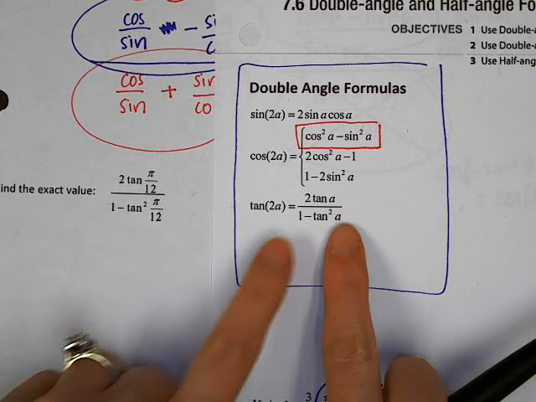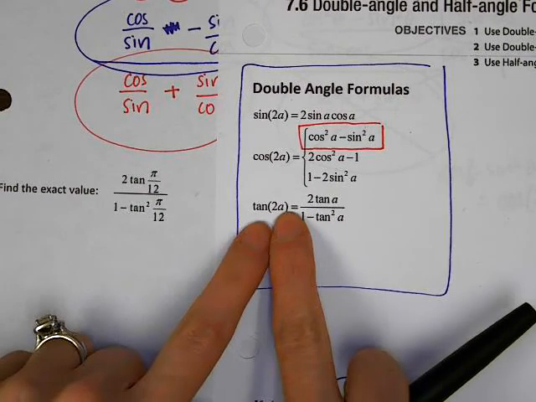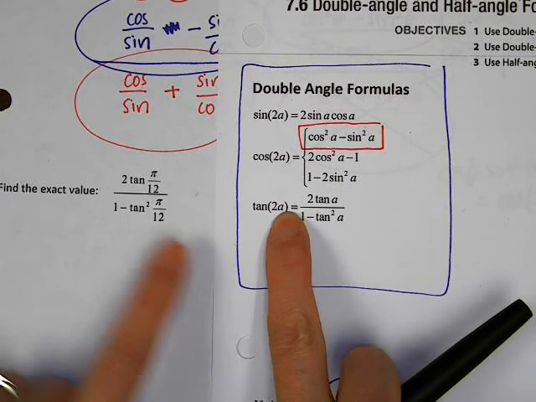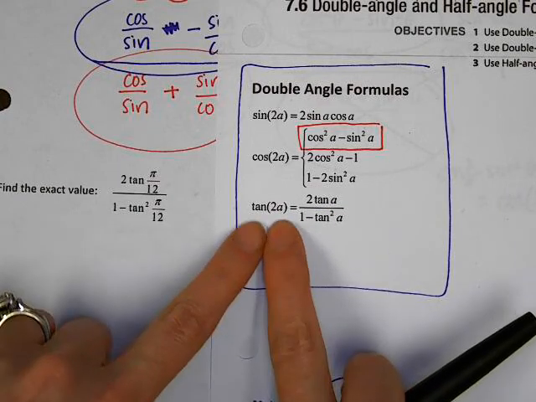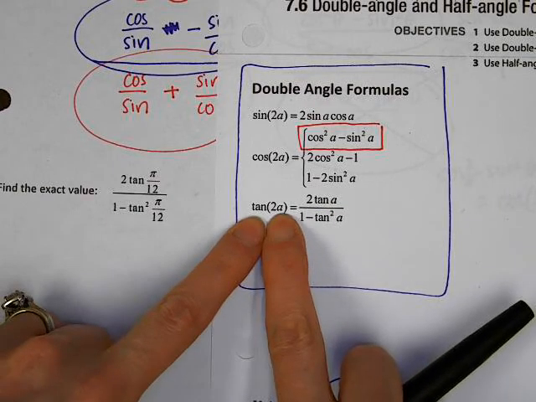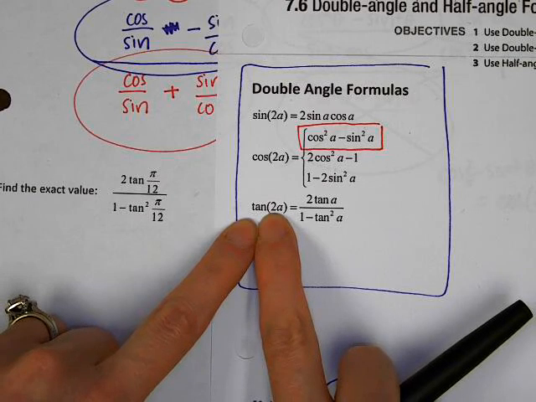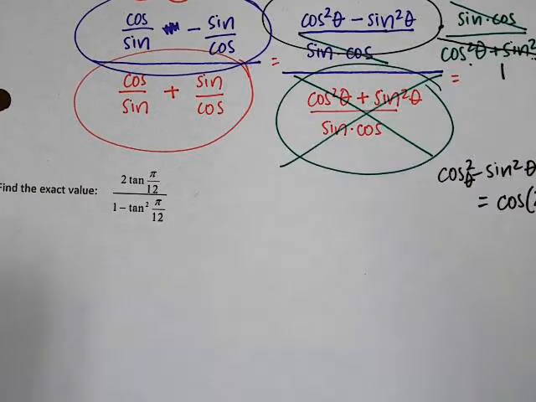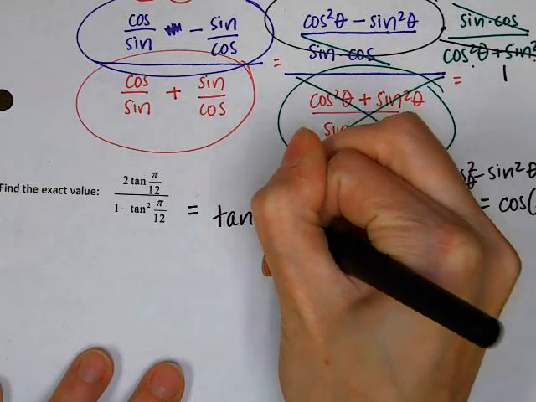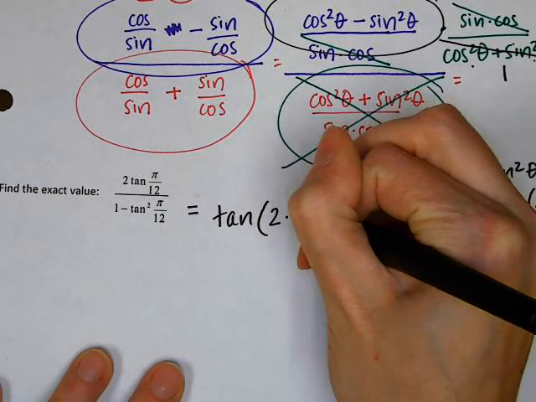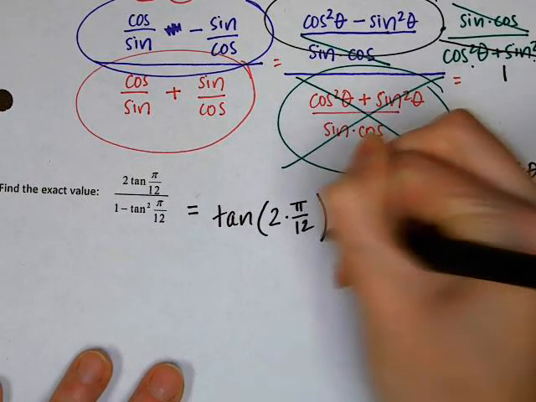So if the angle is pi over 12 and this lines up with this side of the formula, we're just going to plug pi over 12 into A and just evaluate the left-hand side. Okay, so I guess what I'm saying is this is really equal to tan of 2 times that angle, which was pi over 12.